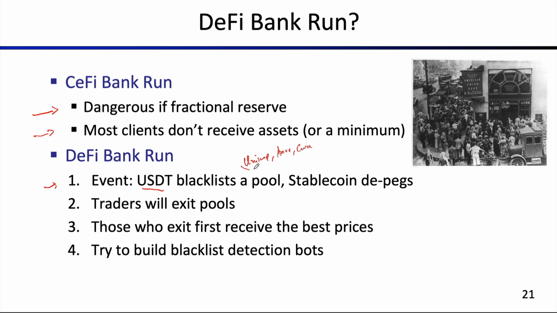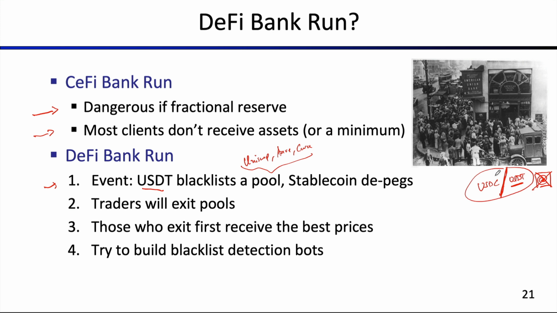So if any of these pools are blacklisted, this means if you have, for example, a USDC and a USDT pool, so you have an AMM pool with these two assets, and now suddenly the address of this pool is blacklisted, so it's no longer supposed to be able to send out assets. Then nobody can send out the USDT of this contract, right? So the pool contract here can no longer return USDT. They're locked in this pool.